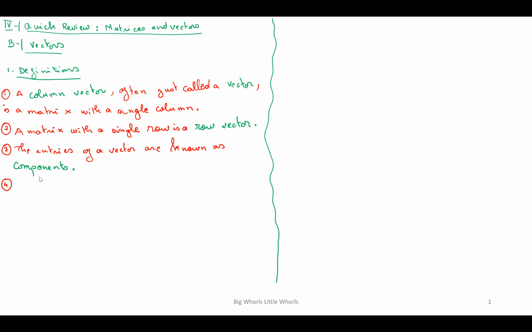A column or row vector whose components are all zeros is known as a zero vector. So whether it's a column vector or a row vector, it is just known as a zero vector.